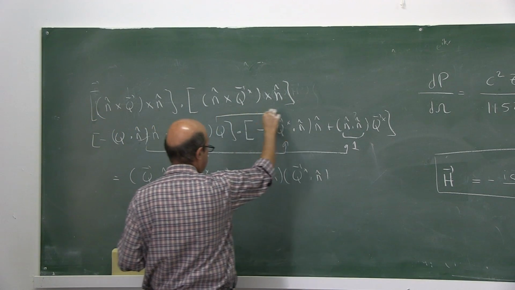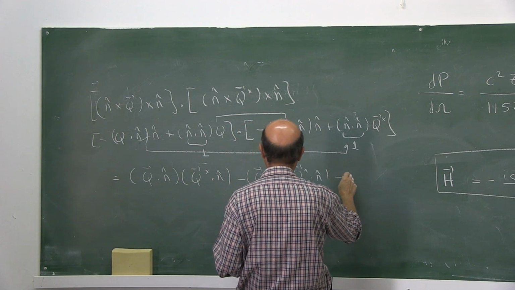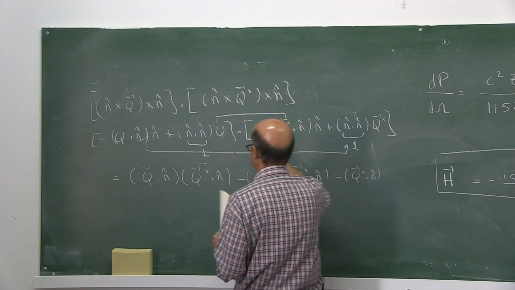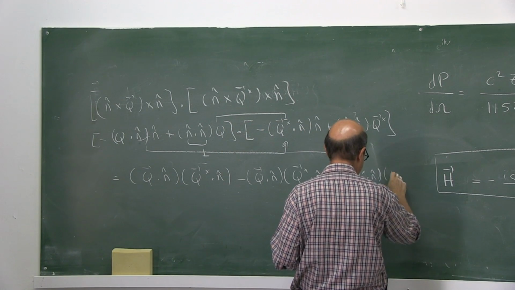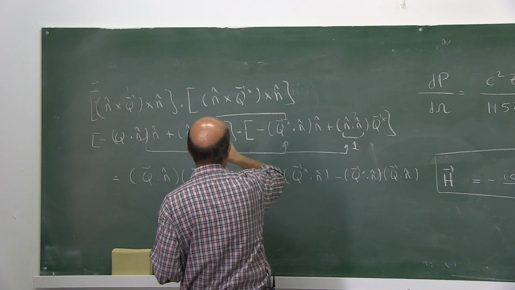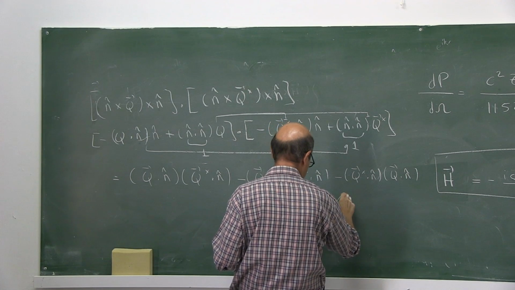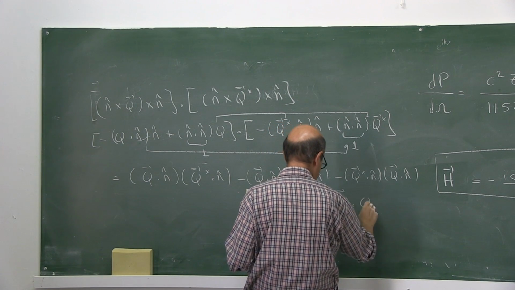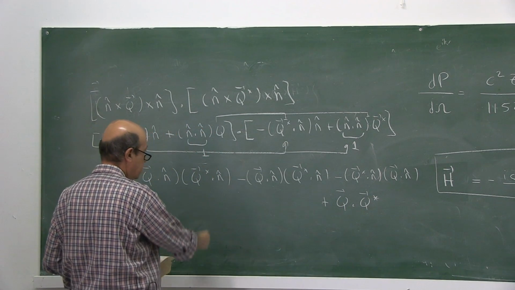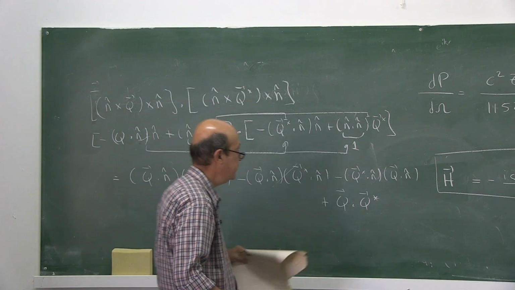And if you do the next term, that is again one more minus, Q complex conjugate dot N and Q dot N. And if you do the fourth term, that should be plus Q dot Q complex conjugate. So one of the terms will be cancelled, and the leftover will be the one.